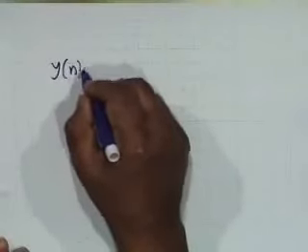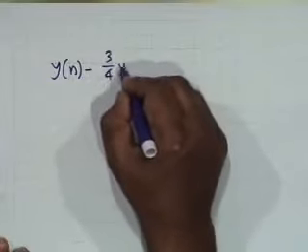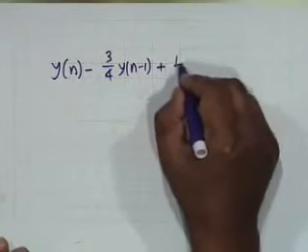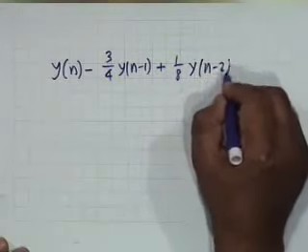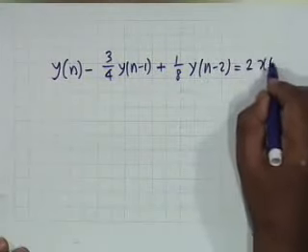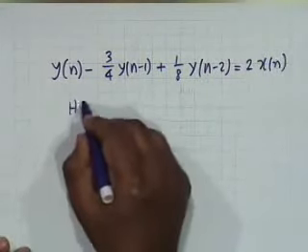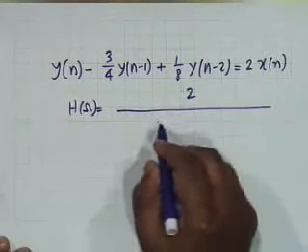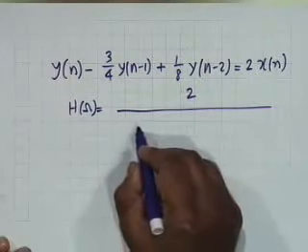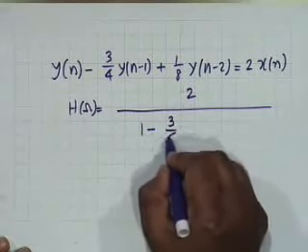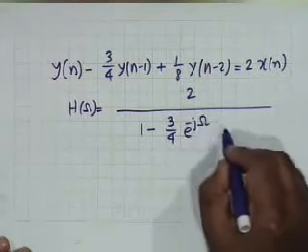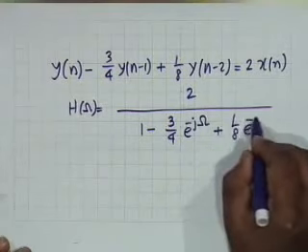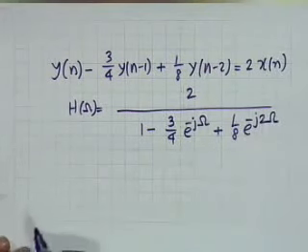For example, if we take a second order system, y of n minus, let's say, 3/4 y of n minus 1 plus 1/8 y of n minus 2 equals, let's say, twice x of n. Then my H of omega, once again by inspection, 2 in the numerator, and what do I get here? 1 minus 3/4 e to the minus j omega plus 1/8 e to the minus j 2 omega.